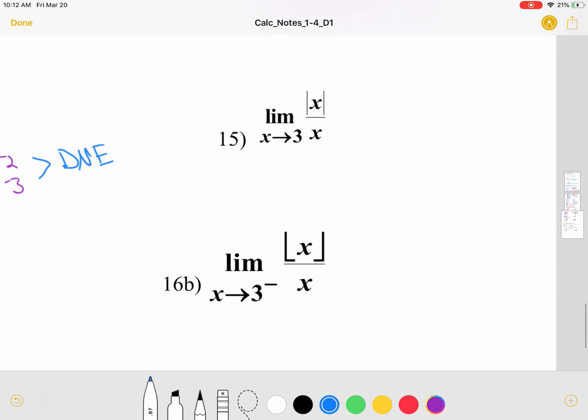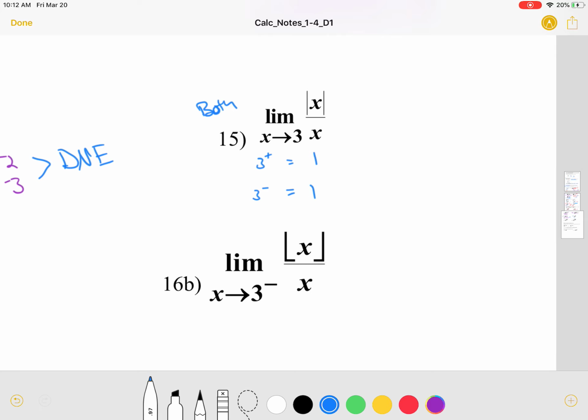Testing both of them. 15. Look again, nothing. So we're testing both. If we look at 3 from the positive side, 3 from the negative side, we should get 1, and we get 1.